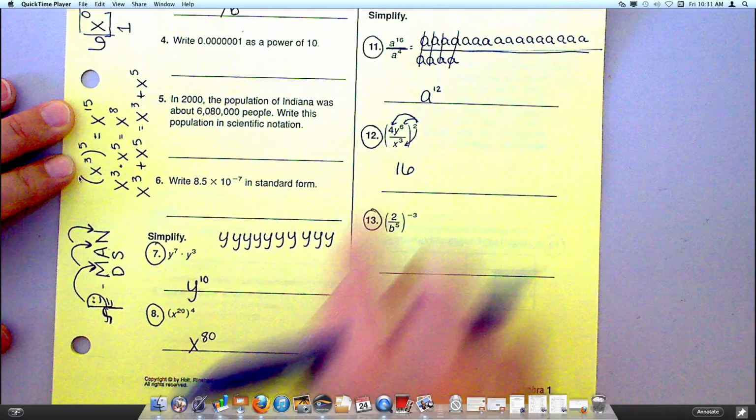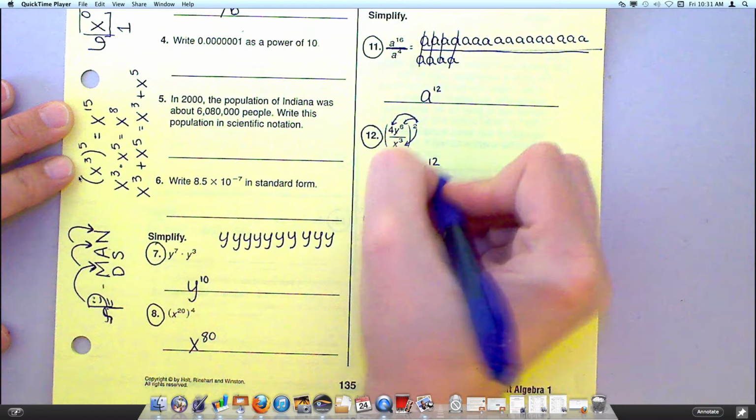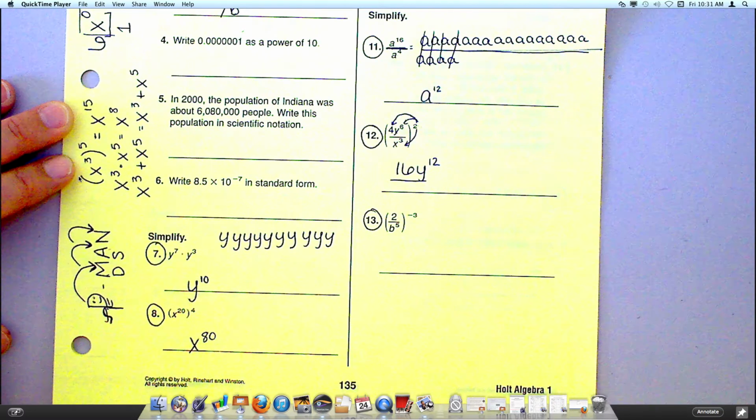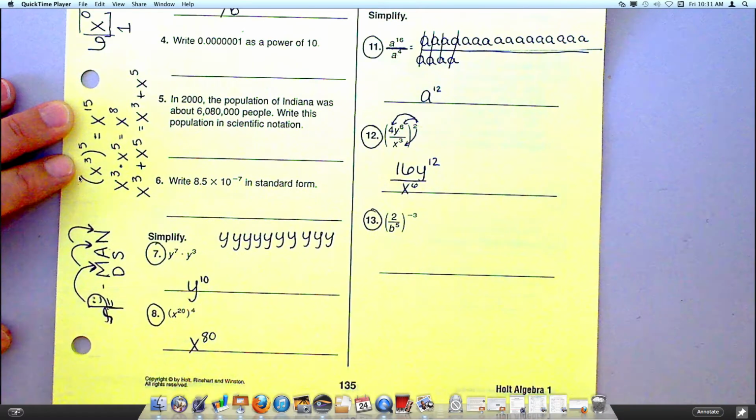Yep. So this would be y to the 12th. And then x to the 3rd squared would be x to the 6th. Yep. So when you raise a power to a power, you multiply. Okay. Does that make sense? Okay.